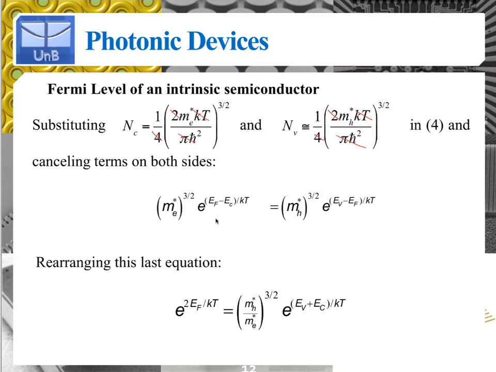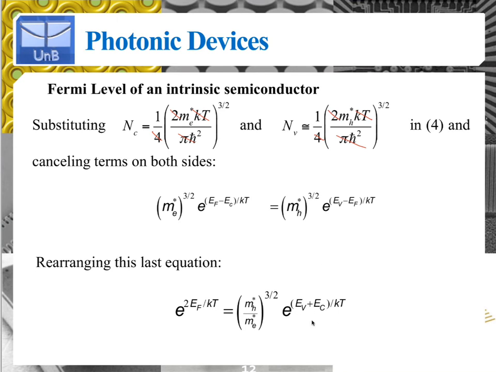So this is what we are left with, and we can also pass some terms over to the other side. For example, on the left hand side we have e to the power of Ec divided by kT in the denominator here, which can pass over to the other side multiplying, so that we have e to the power of plus Ec over kT on this side as well as the e to the power of Ev, which was already there.